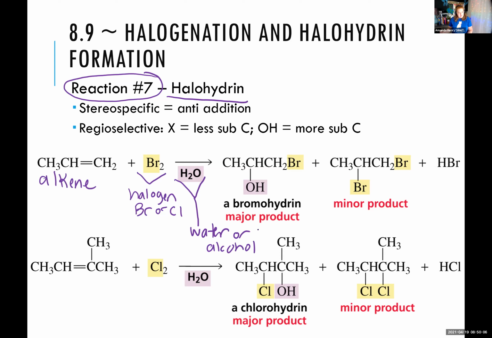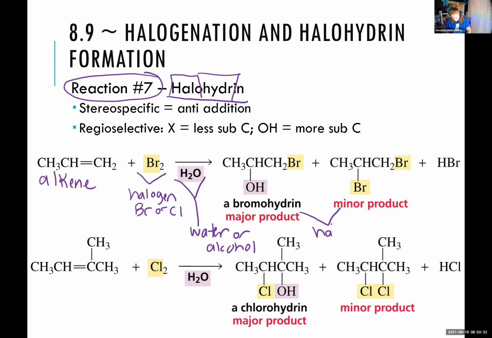And what we make is called a halohydrin. And so it's called a halohydrin because one of the carbons gets a halogen and the other carbon is going to get an OH group, or it will get the alcohol group attached to it. So the alcohol without its hydrogen, so making an ether. So we make, let's see, I was trying to figure out where to write this.